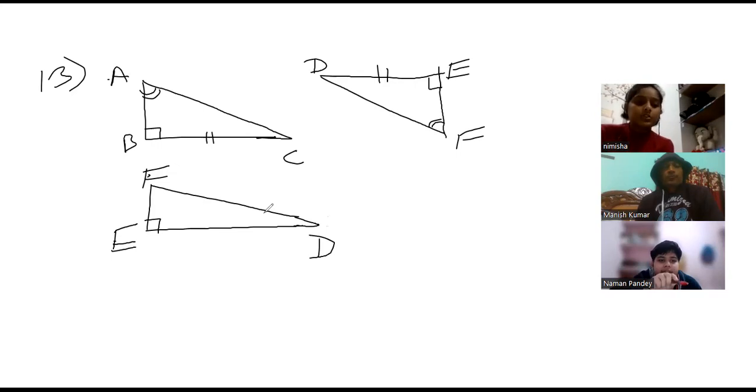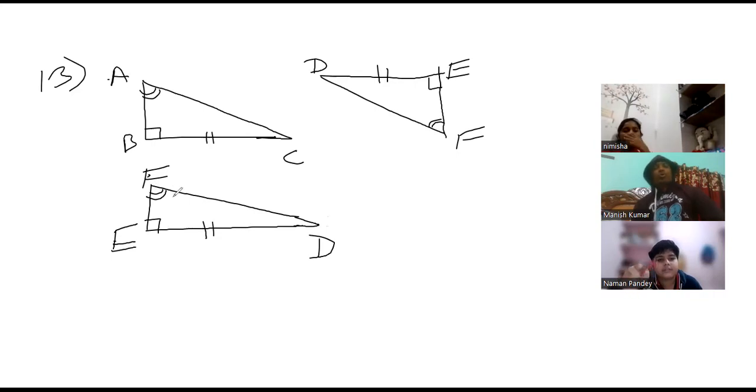Now, we can see that AB and FE are equal. So when we superimpose, we can do them like this. Now, is it congruent by rule angle side angle? How can it be applied? Because when you superimpose FED and ABC, then AB and FE are common. No, is it given that they are congruent?